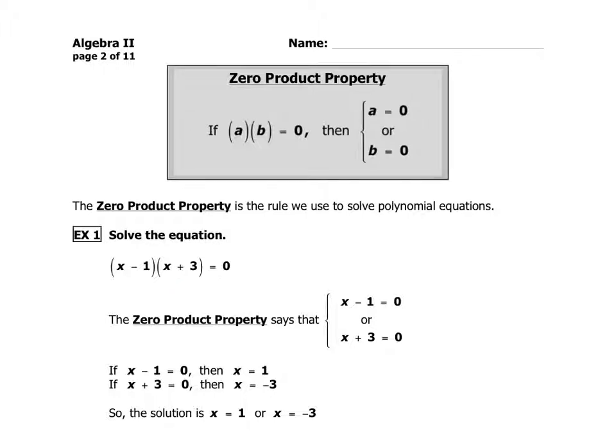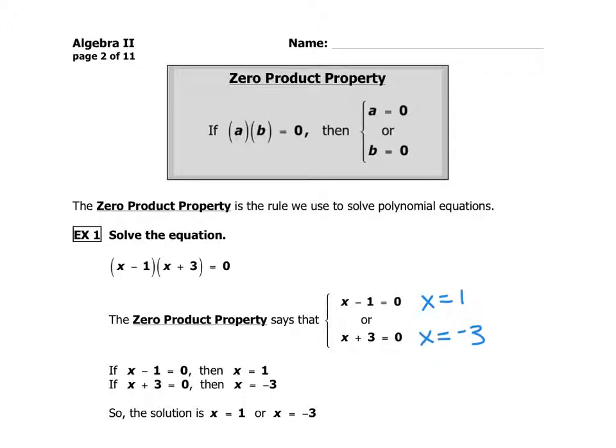So that allows me to set up two equations: x minus 1 equals 0 or x plus 3 equals 0. And I simply solve those. If I add 1 to both sides here, I get x equals 1. If I subtract 3 on both sides of the next one, I get x equals negative 3. So I have x equals 1 or x equals negative 3.